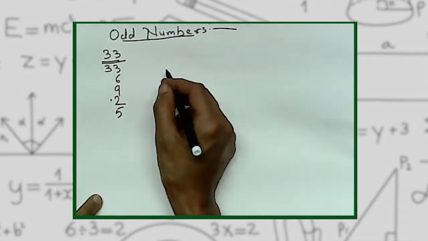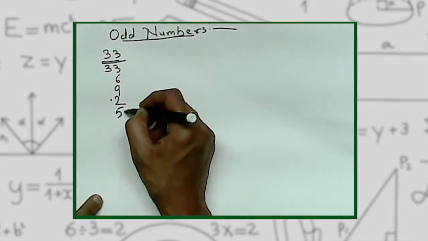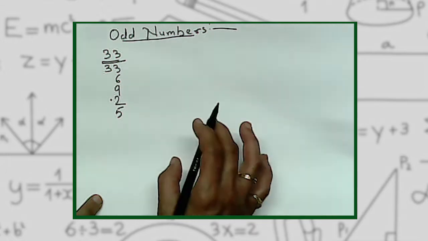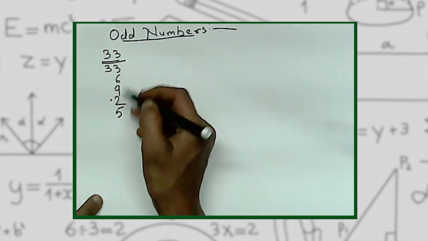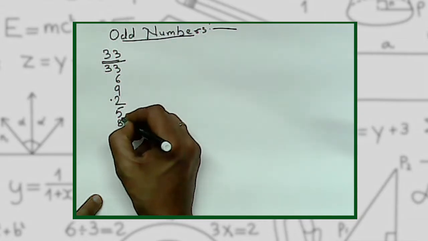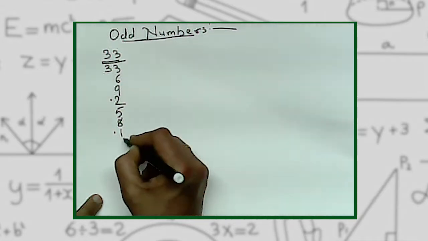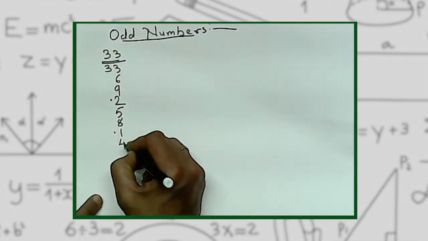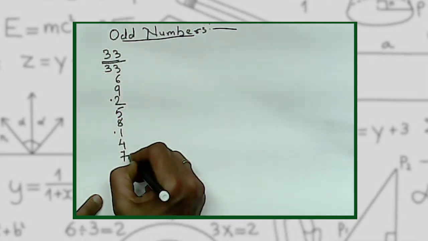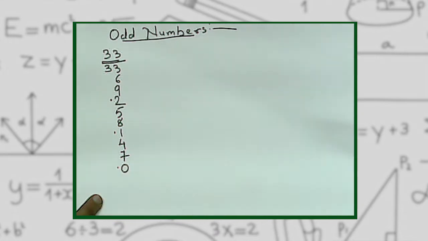See, in case of even numbers we can repeat this series again, but in case of odd numbers, the fifth place is 5, so we cannot repeat this series again. We will have to calculate the next numbers. 5 plus 3, 8, 8 plus 3, 11, so point and 1. 3 plus 1, 4, 4 plus 3, 7, 7 plus 3, 10, so .0.